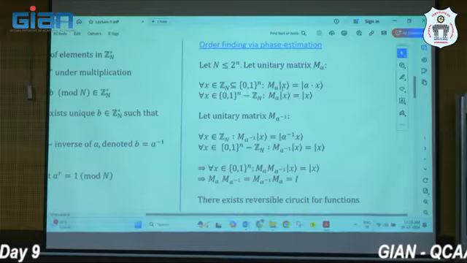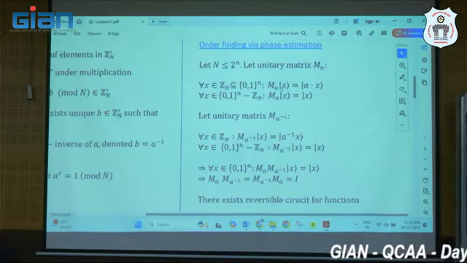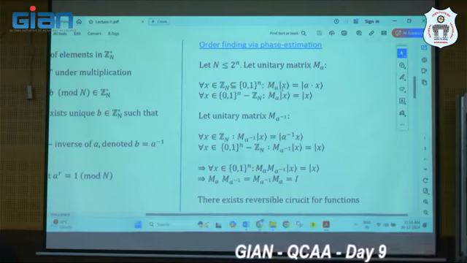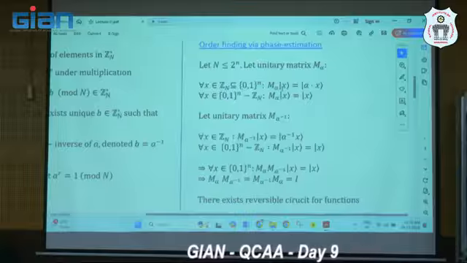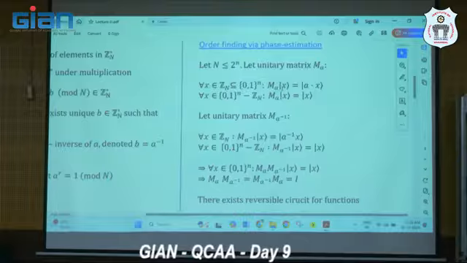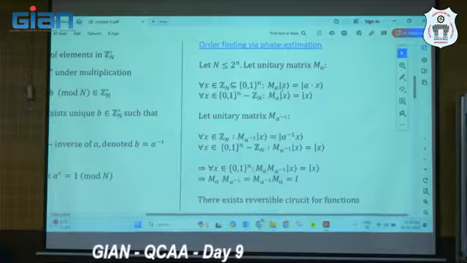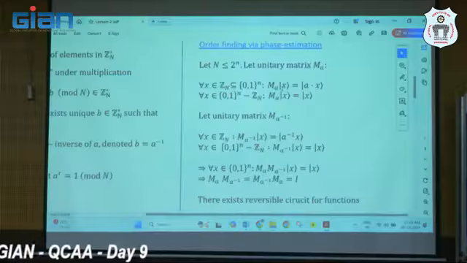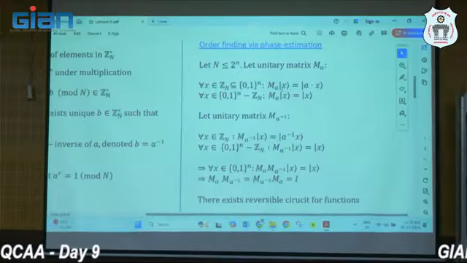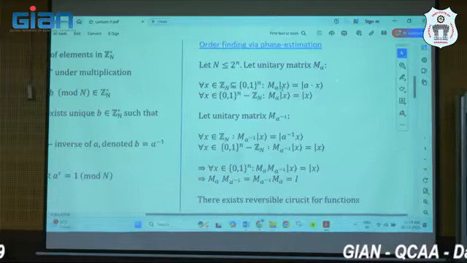So they must go to different values. Correct? Because a has a multiplicative inverse. Agreed? So it must be a one-to-one map. Multiplication must be a one-to-one map. Good. So this is a unitary.